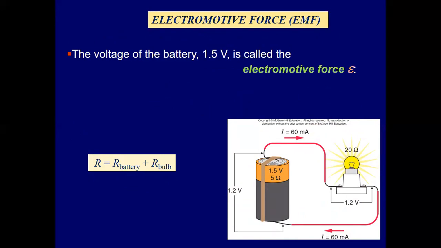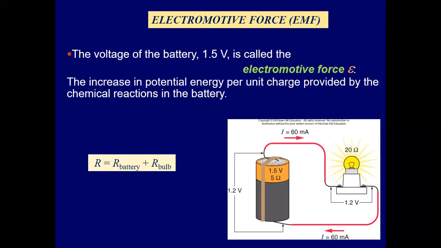A battery is a real component, so there's a resistance involved in there as well. When we're talking about circuits, these wires are not ideal. They do have some resistance. Similarly, inside the battery, there's some resistance. For a 1.5 volt battery, we can see about 5 ohm resistance inside.